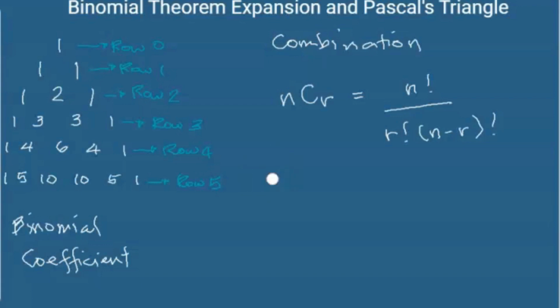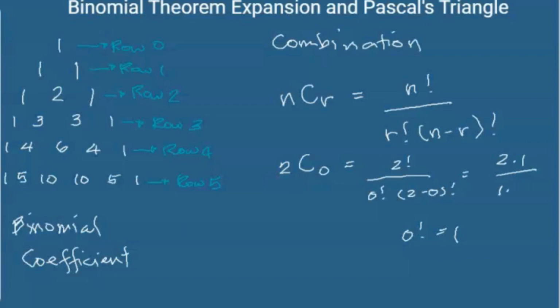So let's say we have 2 taken 0 at a time. So we have 2 factorial over 0 factorial and 2 minus 0 factorial. 0 factorial is equal to 1. So this is 2 times 1 over 1 times 2 minus 0, so that's 2 factorial times 1. So the answer is 1.